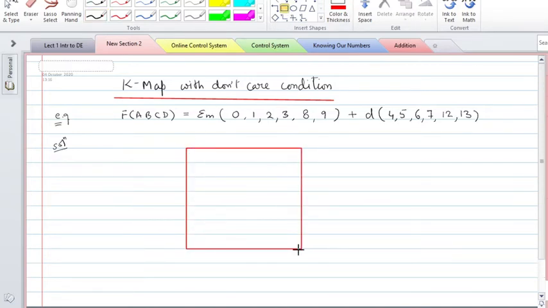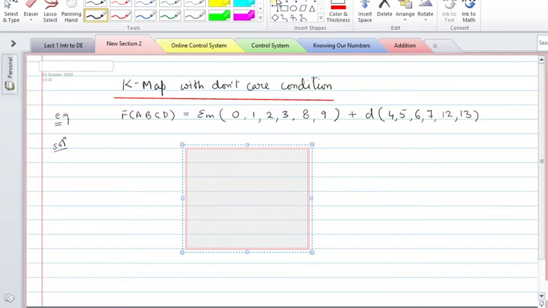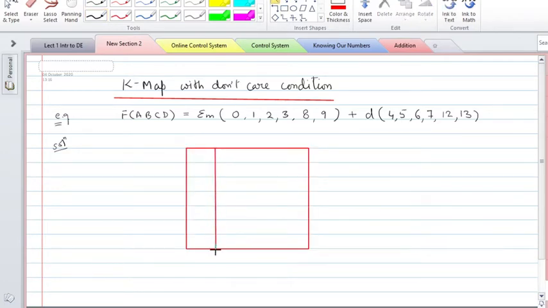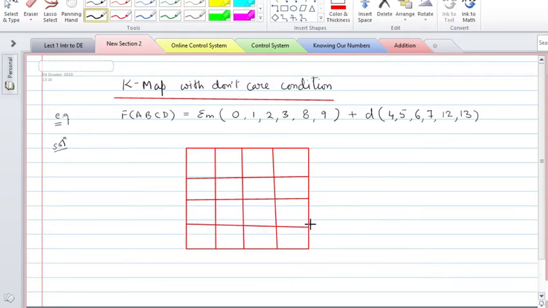So let's first draw the 4 variable K map. Okay, this is a 4 variable K map.